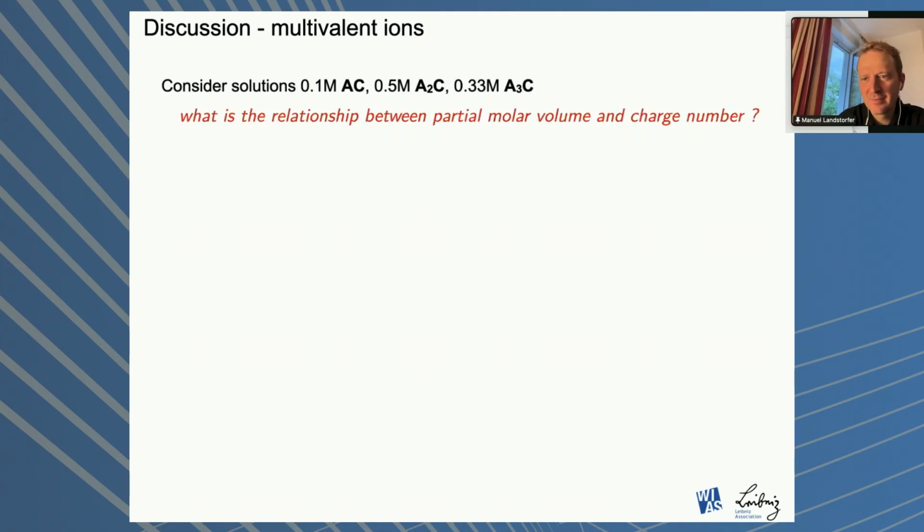And the good thing is we can state 3 different models for this. The first one, M1, is where we assume the solvation number is independent of charge number. The model M2 is where the solvation number scales linearly with charge number, and M3 is where solvation number scales quadratically with charge number.